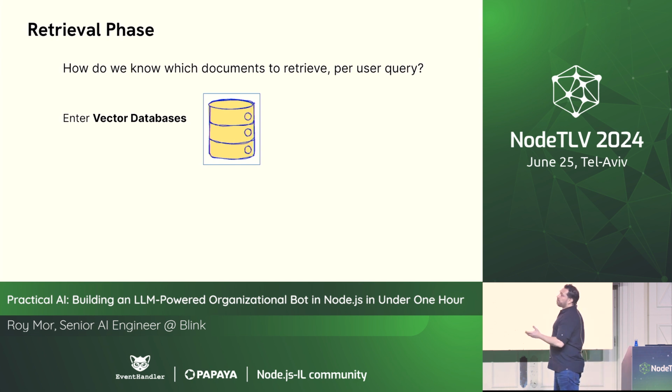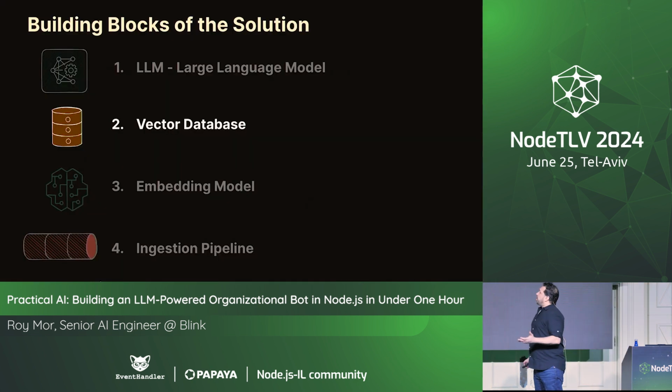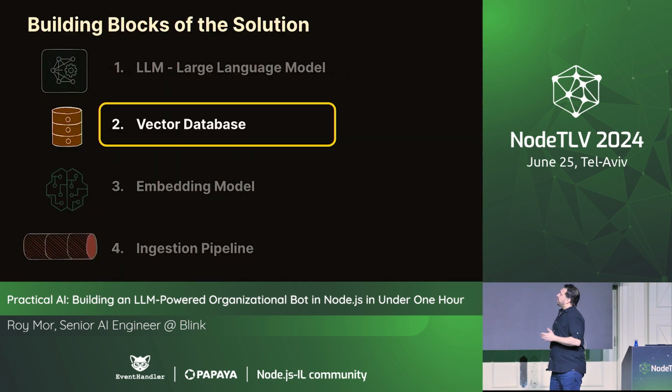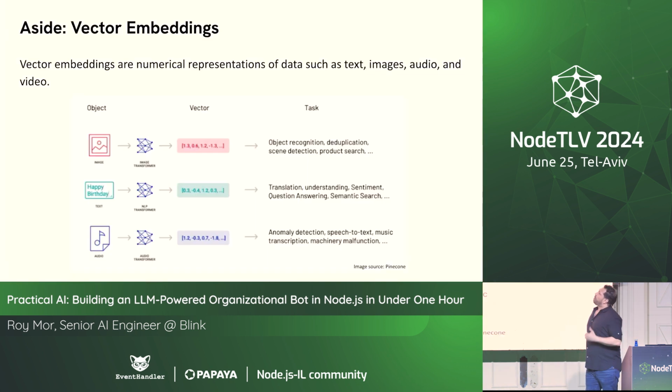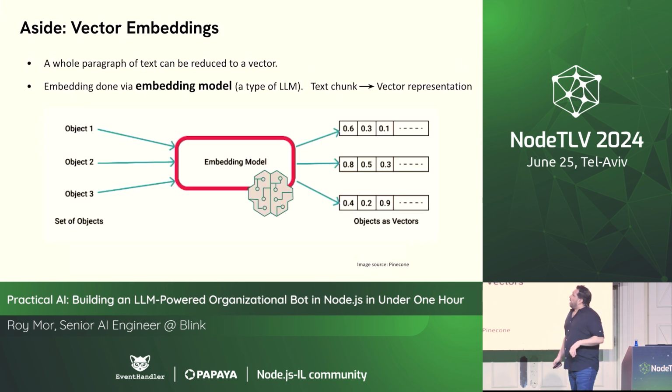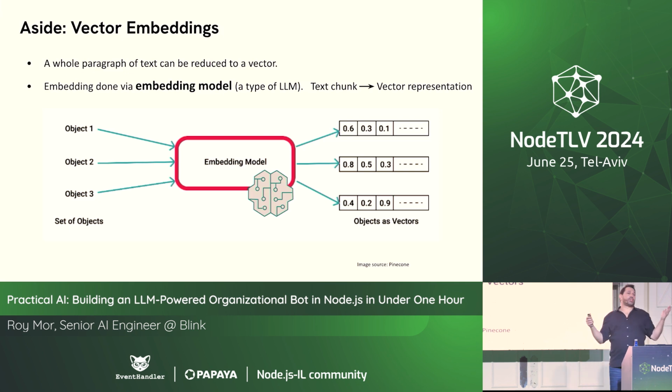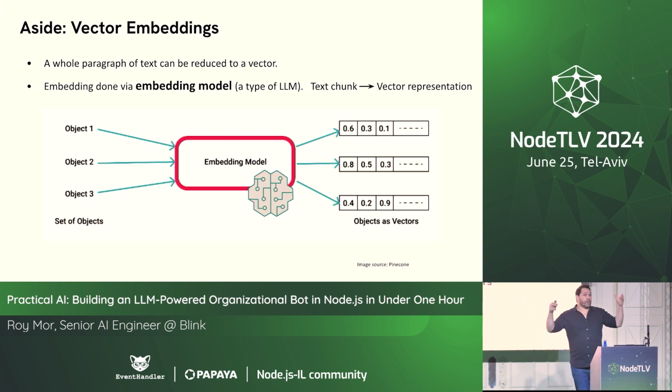This is where the second building block enters: the vector database. Maybe it's worth saying something about vector embeddings before we talk about vector databases. So vector embeddings are numerical representations of data such as text, images, audio, video, just about anything. We're interested in text. So a whole paragraph of text can be reduced to a vector, and that's called embedding. This is an n-dimensional vector in n-dimensional space, but you can just think about it as a very large array with numbers.